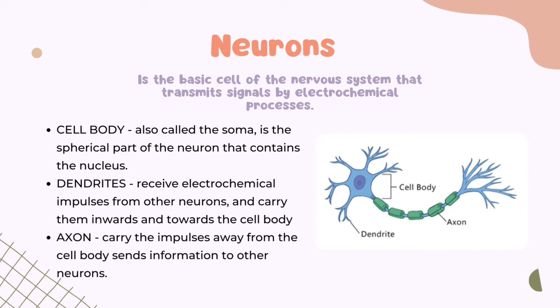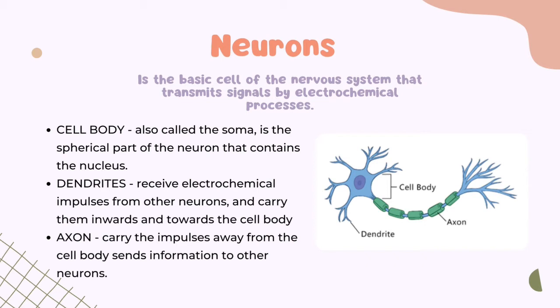The axon, on the other hand, is responsible for carrying the impulses away from the cell body and sends information to other neurons.